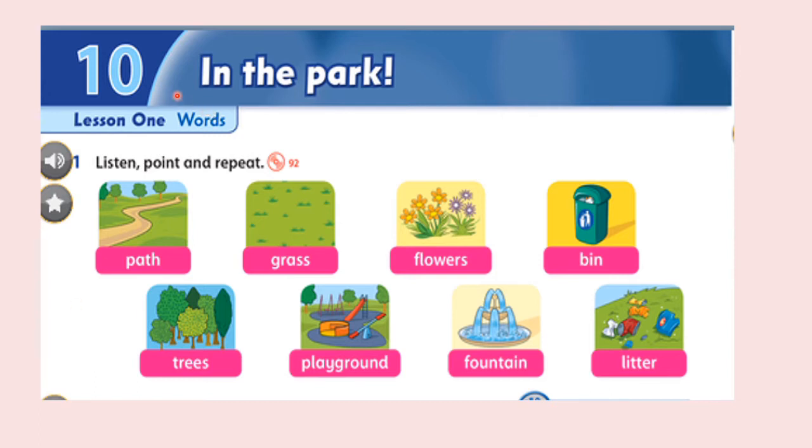Here, in the park, everything that you can find in the park. There are 8 words that you have to listen to, point, and repeat. Now please listen to the audio, point to the pictures, and repeat the words. Check this out.